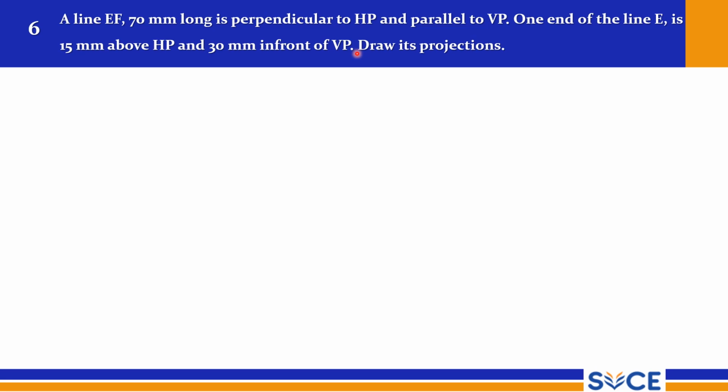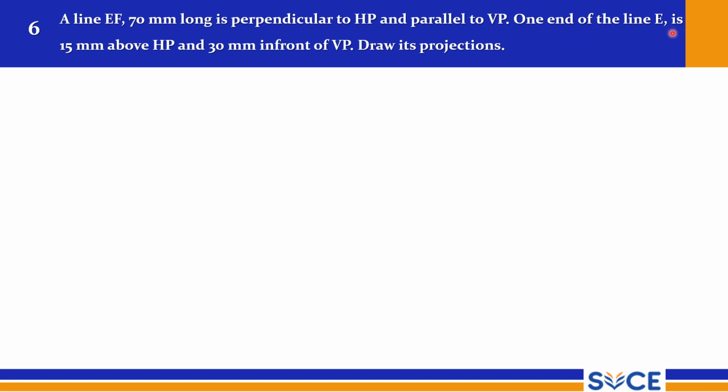Here it is the first case where we have the demonstration of planar positions, the line is parallel to VP and perpendicular to HP, and we have to start. This is the customary requirement: we have to start the problem from the true length line.